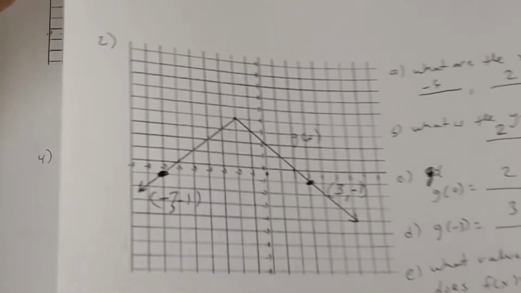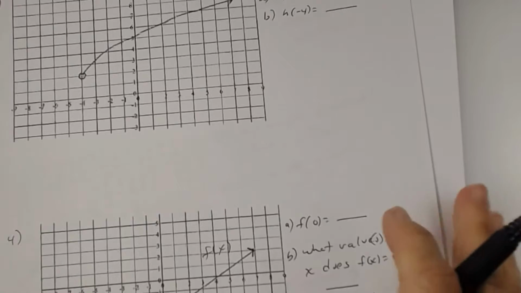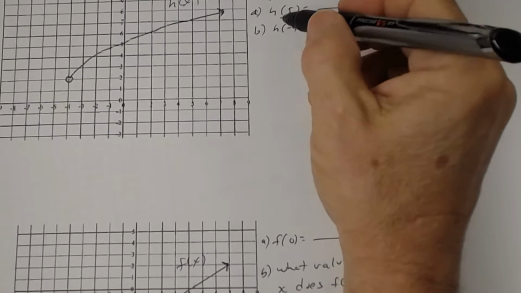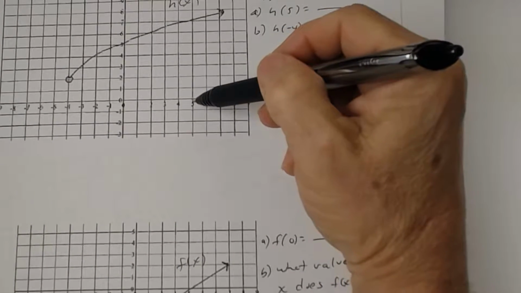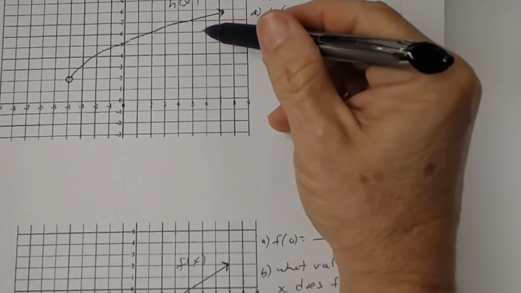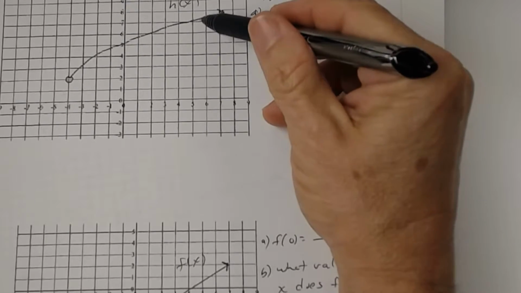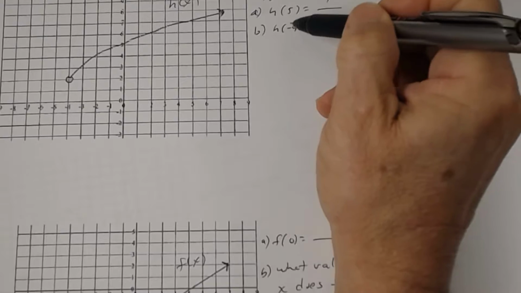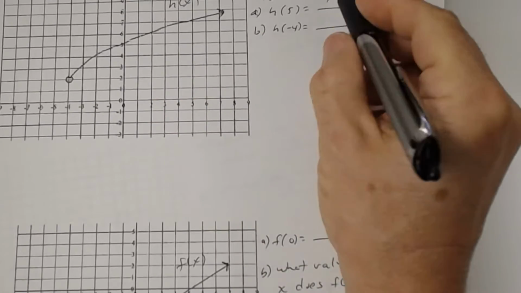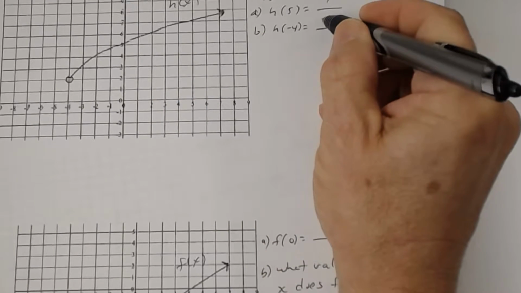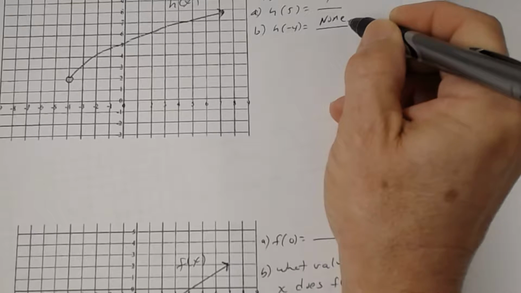All right, let's look at the next one. H of 5. So, yeah, the y value when x is 5 is 7. The y value when x is -4 is, what are you going to say? None. Don't say 0.